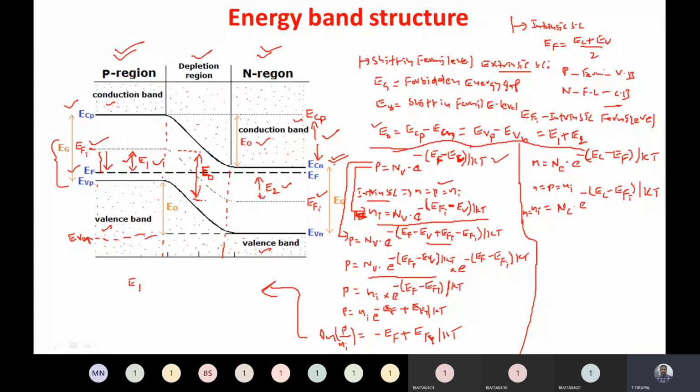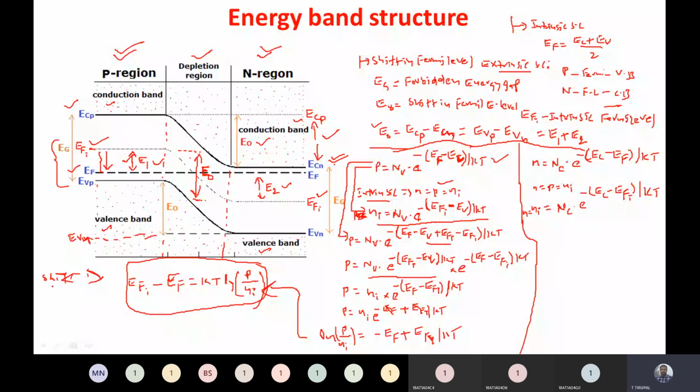Shift in Fermi level, EFI minus EF, is equal to, cross multiplied, you get KT ln P by Ni. So this is the equation for shift in Fermi level in p-type semiconductor.